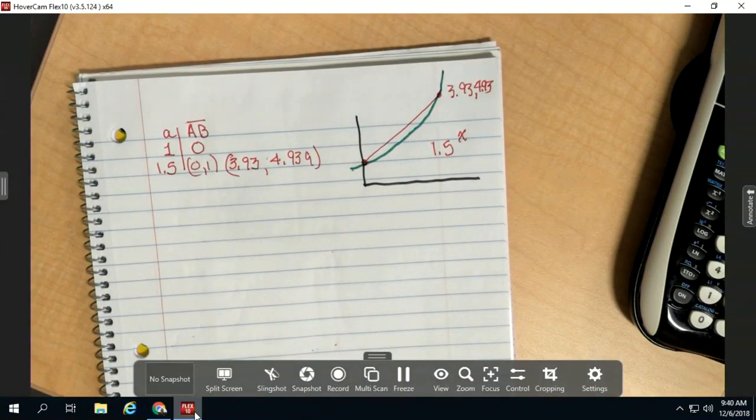Right? Because we said our base, A, is 1.5. Does it make sense that we would go through the point 3.93, 4.93? Does it make sense that these two numbers are one apart? Yeah, because our line, remember we said, if we go over 3, we go up 4. We always go one more up than we go over, right? Everybody good with that?